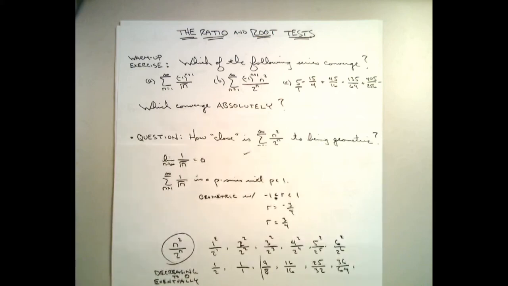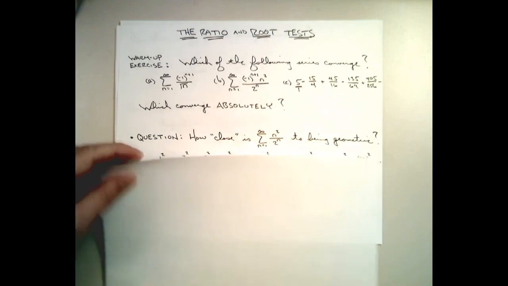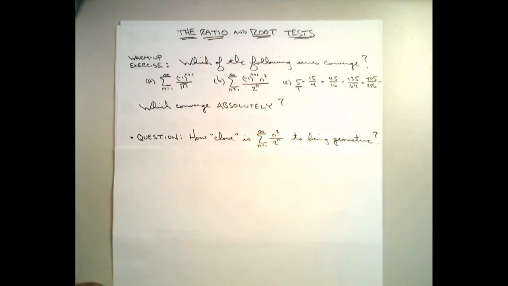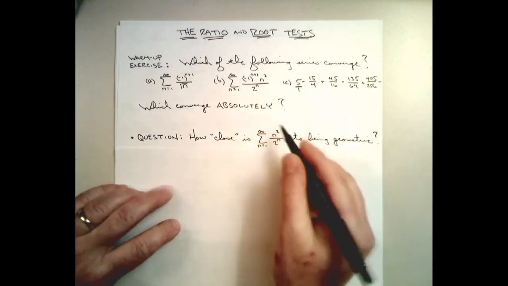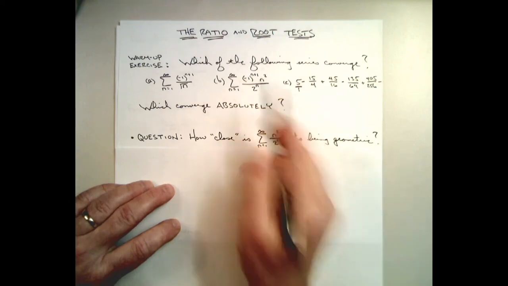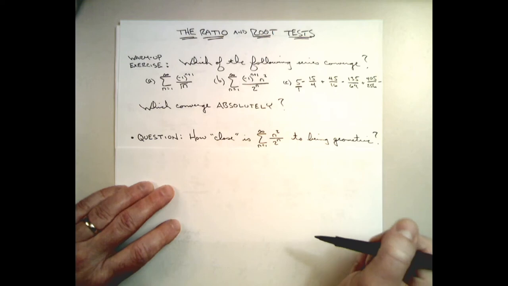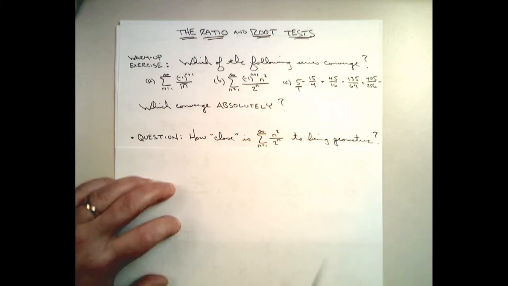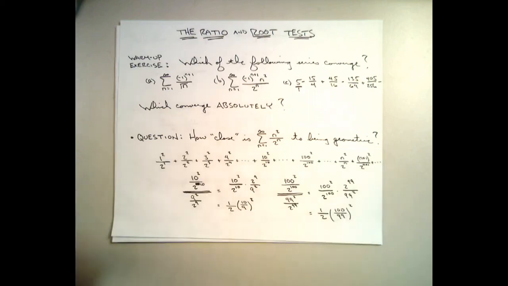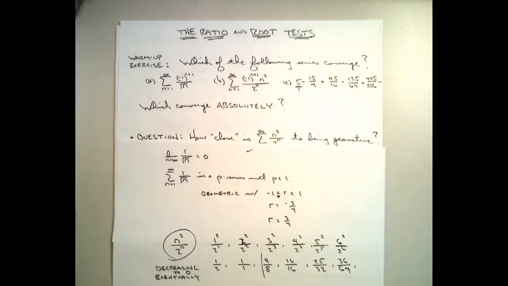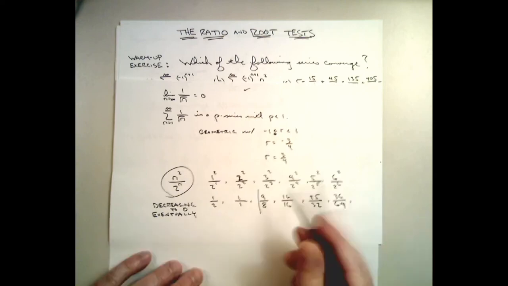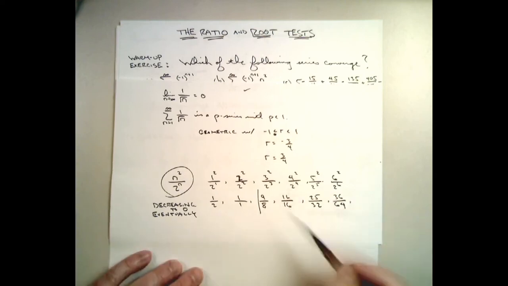Well, let's ask first, how close is the series that I get by ignoring the signs of the terms to being a geometric series? I think it's clear to us that it's not geometric. After all, if we took 16 over 16 and divided 9/8 into it, 1 divided by 9/8 is 8/9.